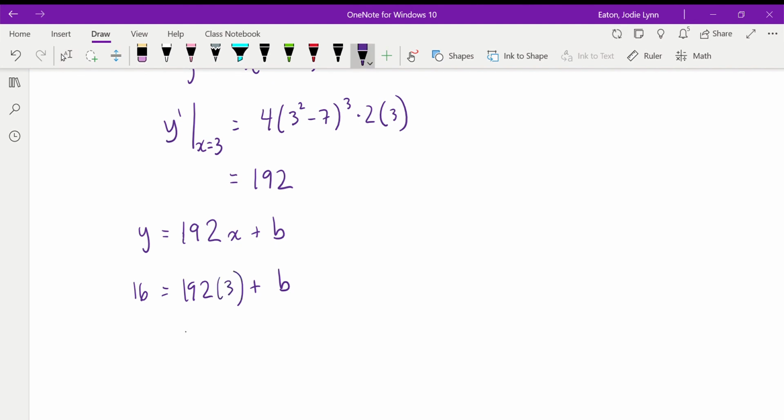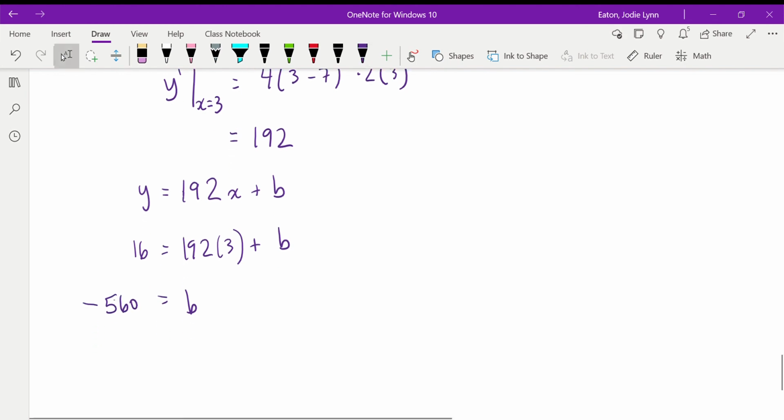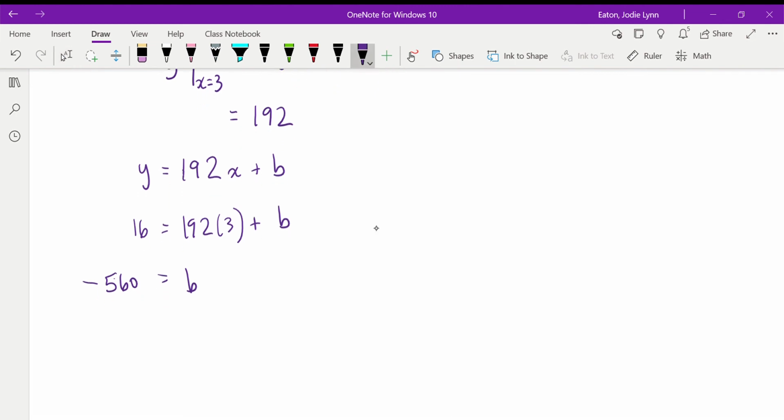Solving for b, we get b equals negative 560. So our equation of our line is y equals 192x minus 560. And that is our final answer.